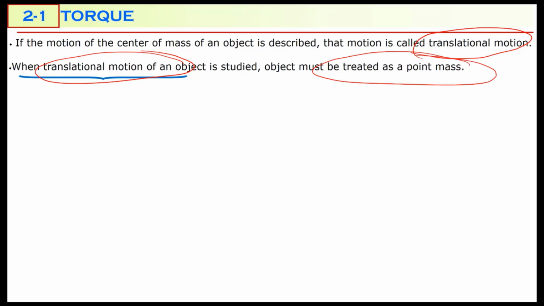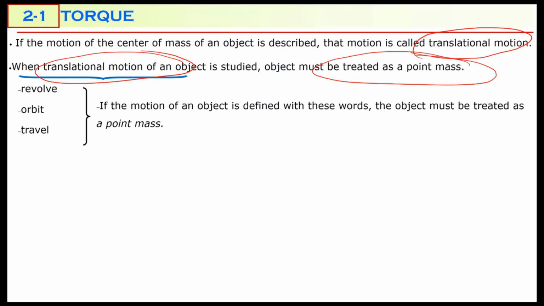Like this: three words, revolve, orbit, travel. When these three words are written in a sentence, this sentence is defining the object as a point mass, or you should treat the object as a point mass.